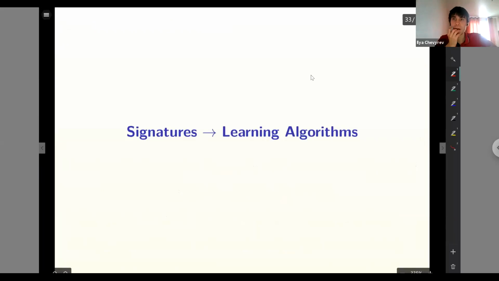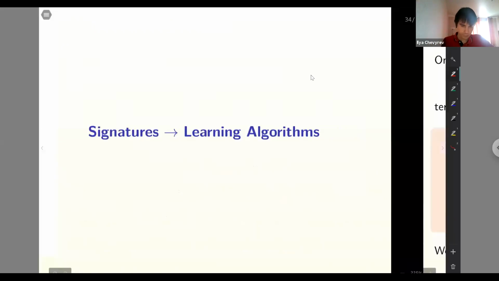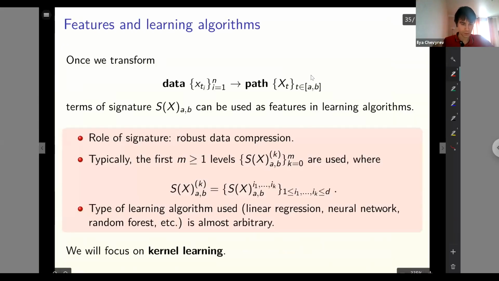So at the end of the last lecture, what I want to speak about in this lecture is how to move from signatures to learning algorithms, the final step of this pipeline that I described. The role of the signature here, let me recap, is that it acts essentially as a robust data compression method.